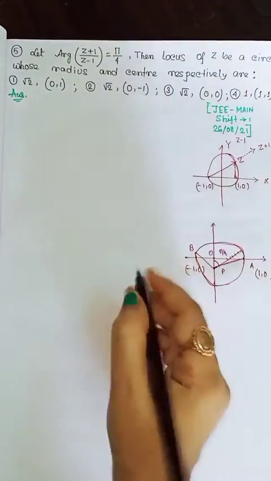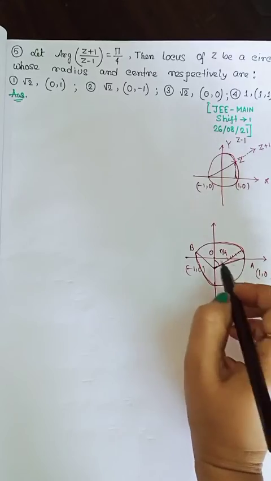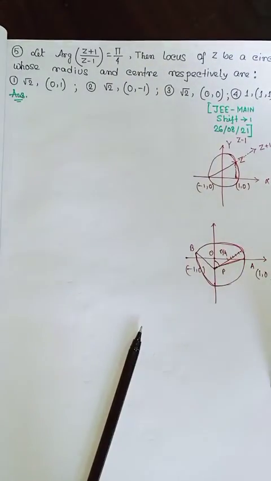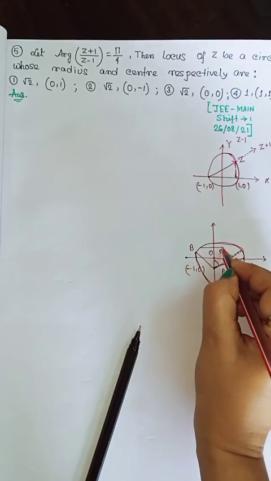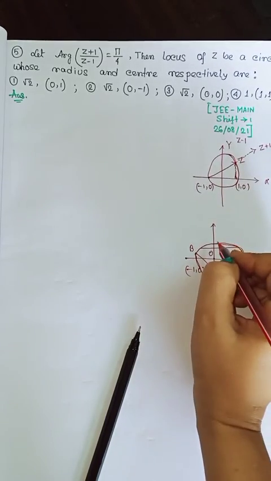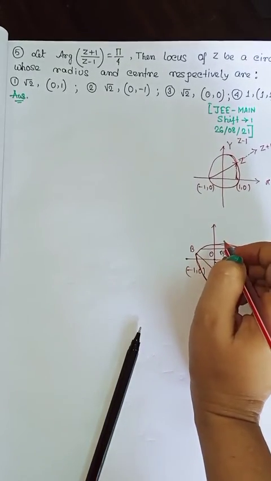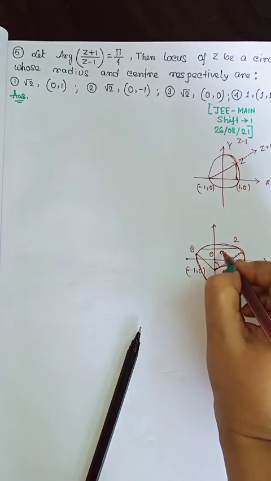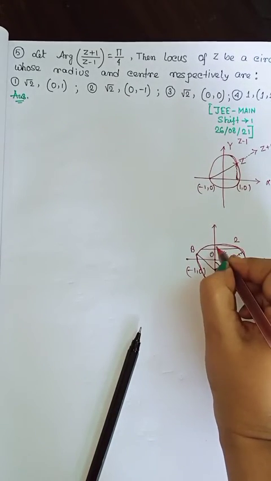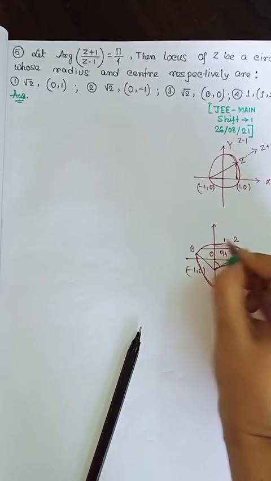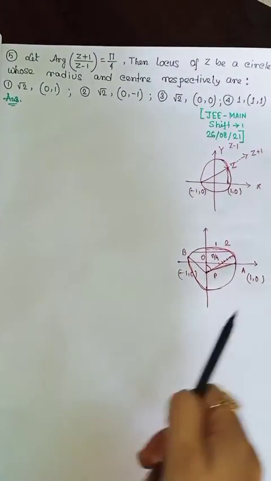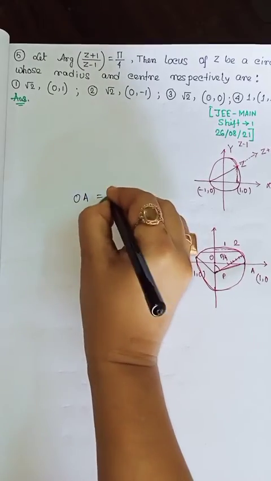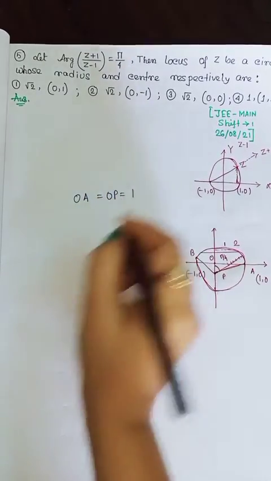Now according to this picture, OA is equal to what? OA is equal to OP, that is equal to 1, this is unit 1.